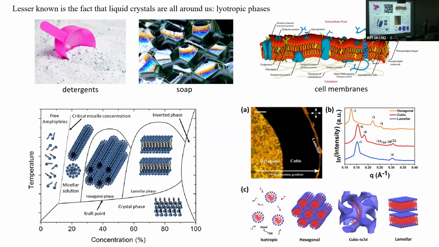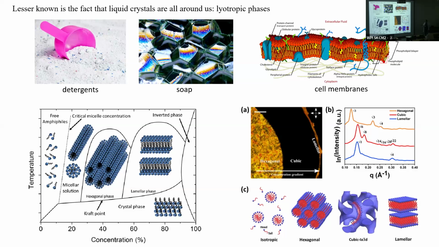The cell membrane is pretty much a bilayer, which is of a liquid crystalline structure, and in there we also have our proteins again, which are also of course related to chirality.